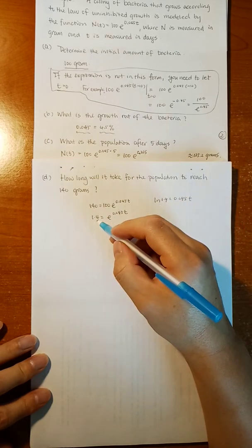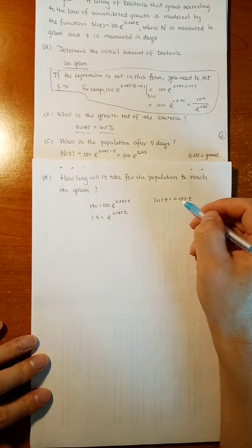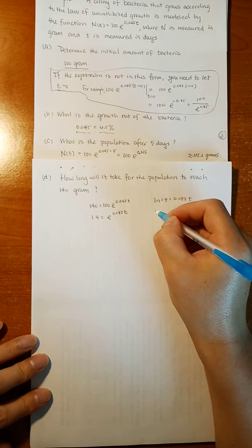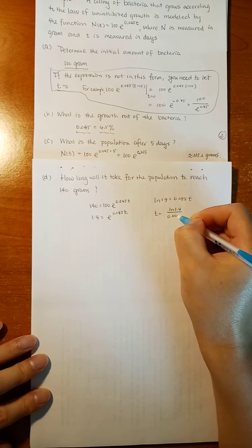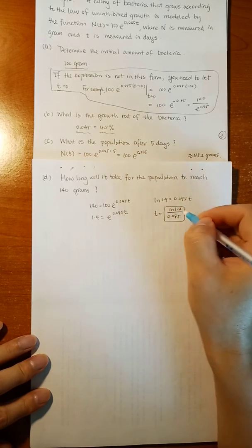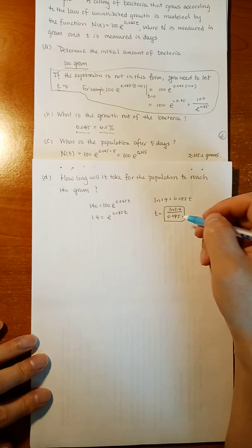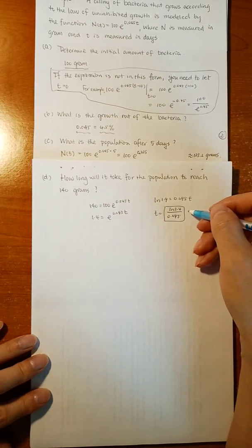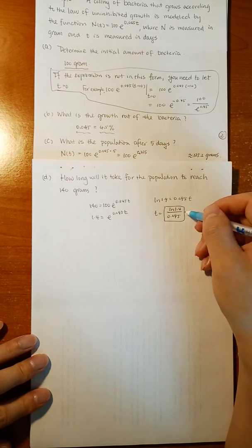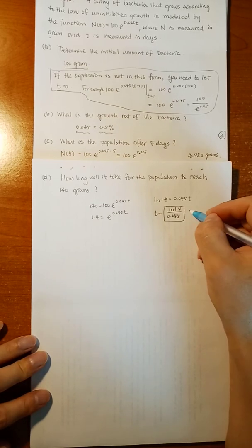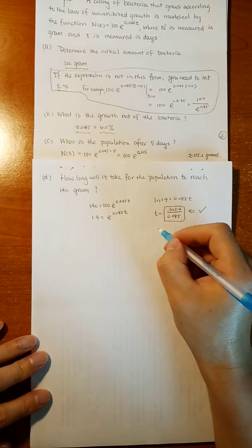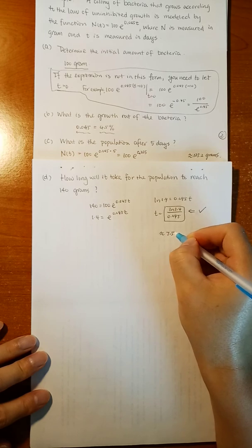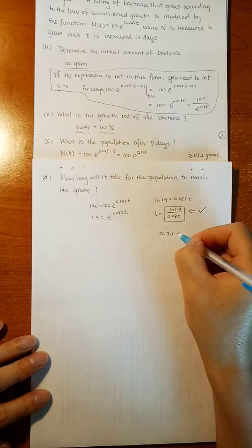You will get natural log of 1.4 is equal to 0.045 times t, and you divide it by 0.045, you get t is equal to this. Again, in the exam, this is a final answer. This is a standard answer. Don't do any other simplification or estimation. This is the answer. And in the textbook, they provide it's about 7.5 days.